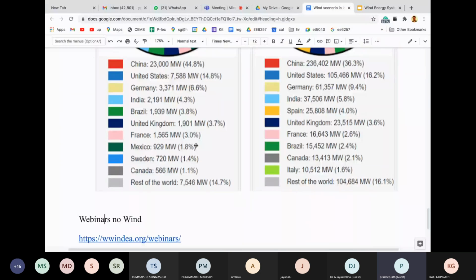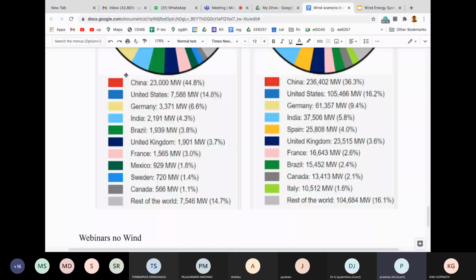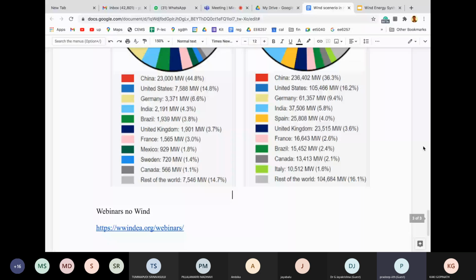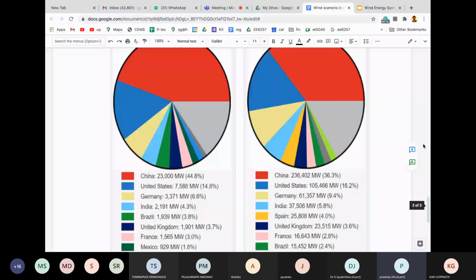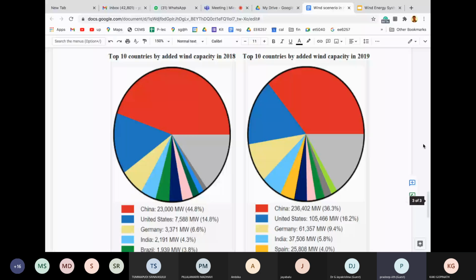Now, what are the top 10 countries? Let me zoom out a little bit so that you can see completely. This is the top 10 countries by wind capacity in 2019. On the right side, you can refer, China has 36% of the world.